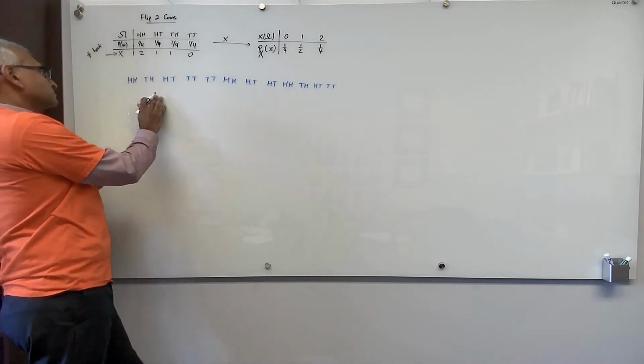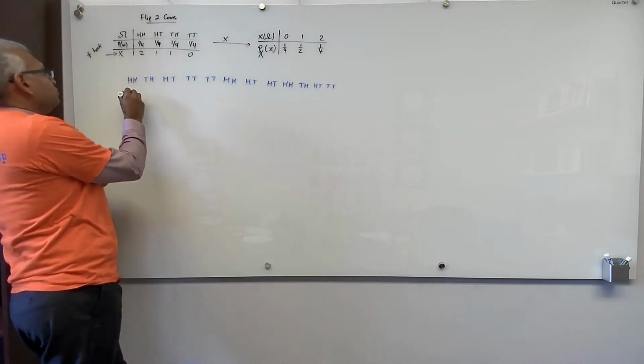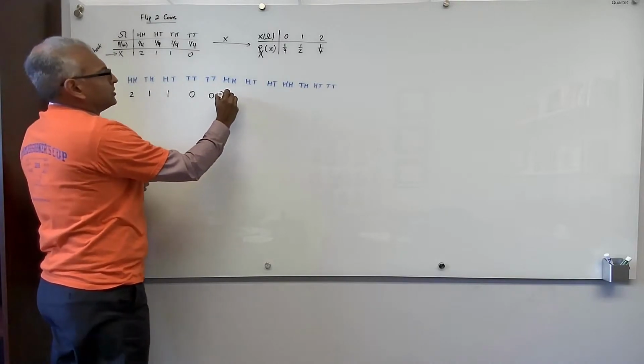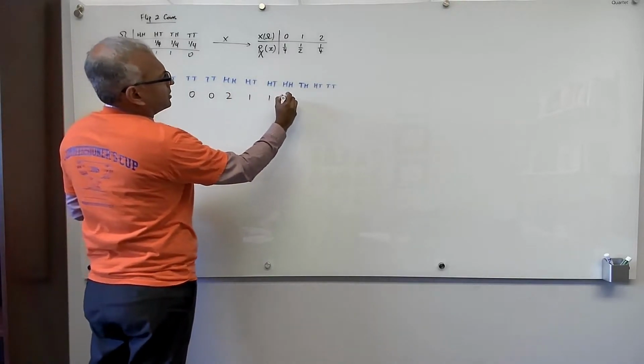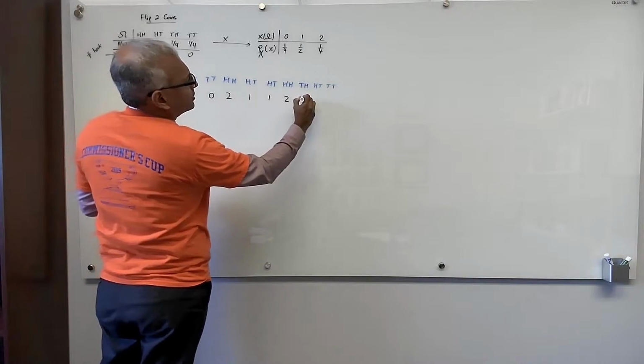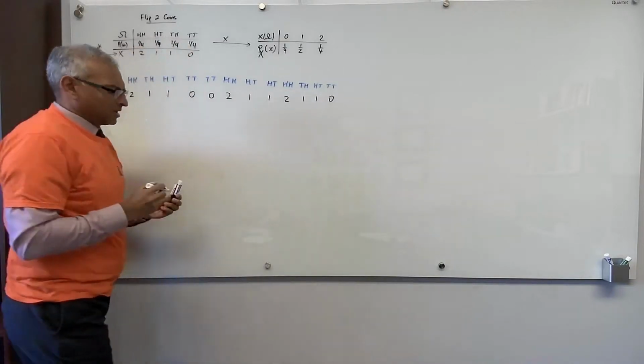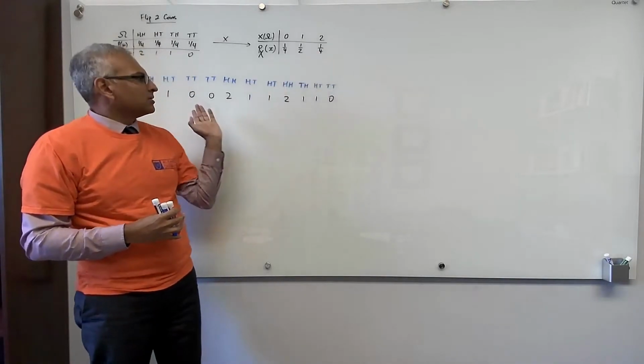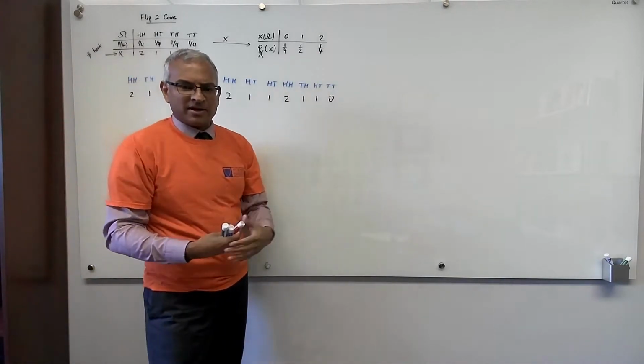Here I have 2, 1, 1, 0, 0, 2, 1, 1, 2, 1, 1, 0. So each time I do the experiment, I get a measurement, a value for my random variable X.